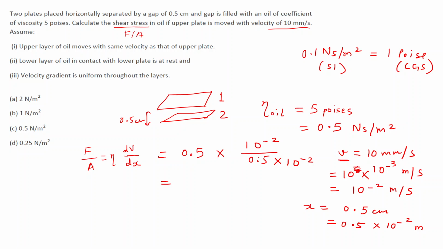Solving this, the powers of ten get cancelled, and the answer is 1 Newton second per meter square. This is the force per unit area, or the shear stress.